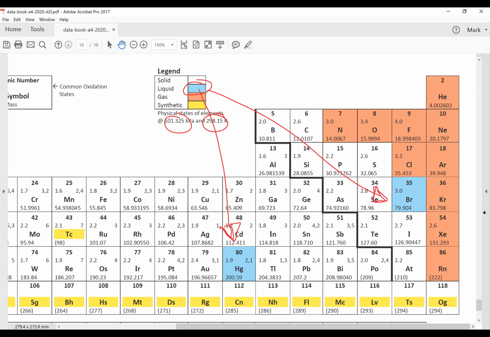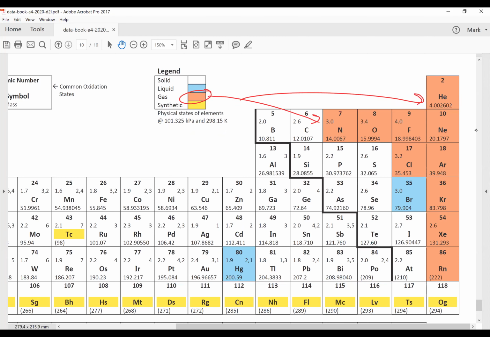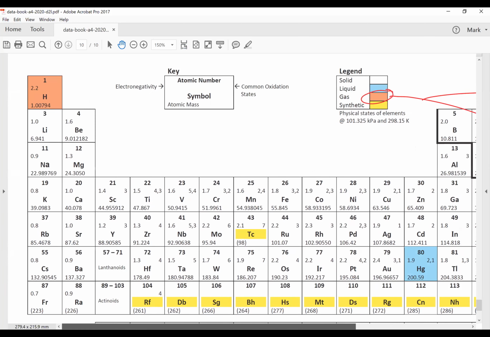So the 2 liquid phases from the periodic table are mercury, that's a metal, and bromine, that's a nonmetal. And then finally, the gases on the periodic table are in whatever color this is. I don't know what color that is. Salmon? But those would include the nonmetals like nitrogen, oxygen, fluorine, all of the noble gases, and of course, if we go to the left, hydrogen.